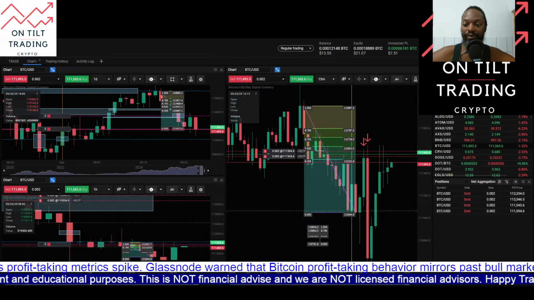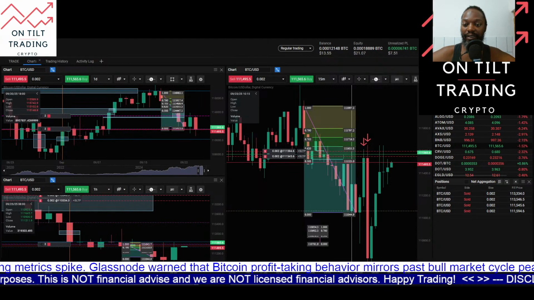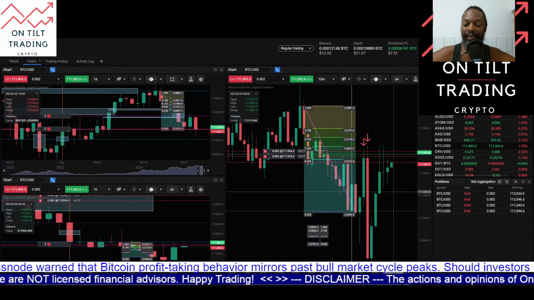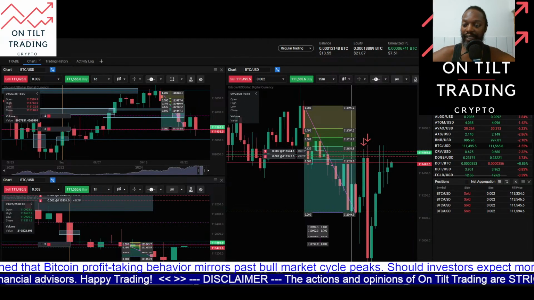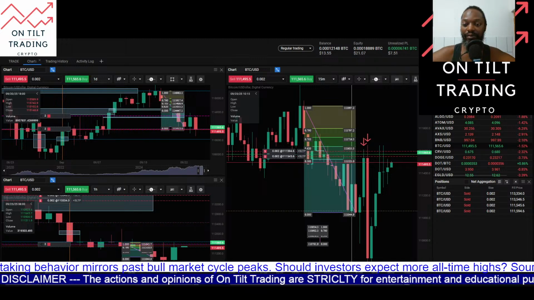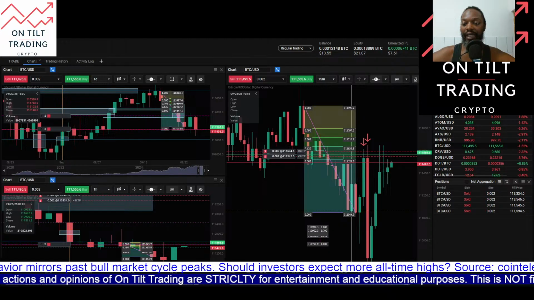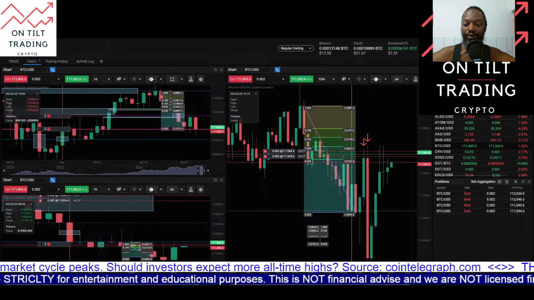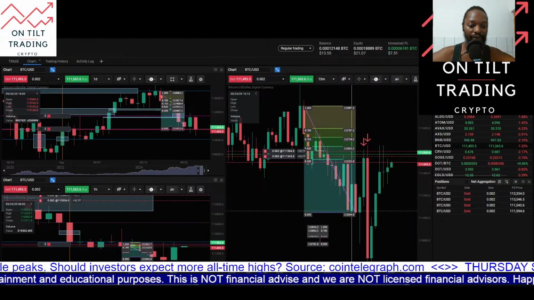There was some pullback into this candle, but it still closed higher on the body. So showing buy side delivery here for the last 1, 2, 3, 4, 5. So for the last hour and 15 minutes, it's been pure buy side delivery here for Bitcoin.